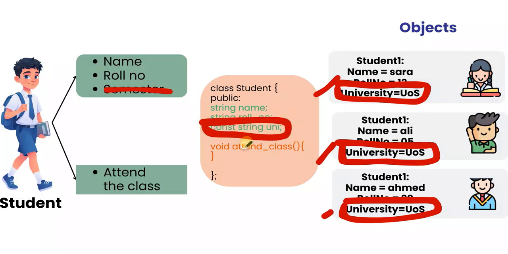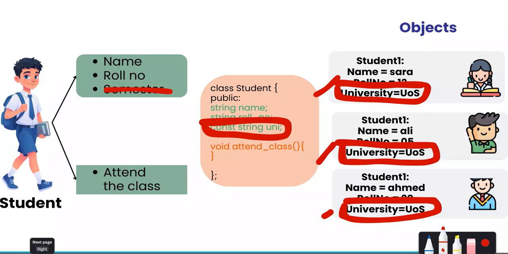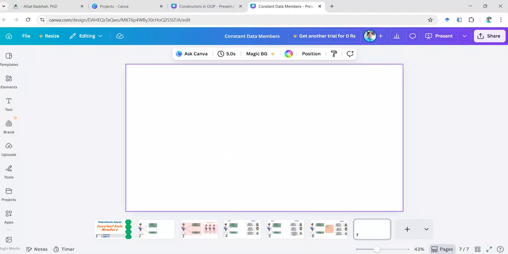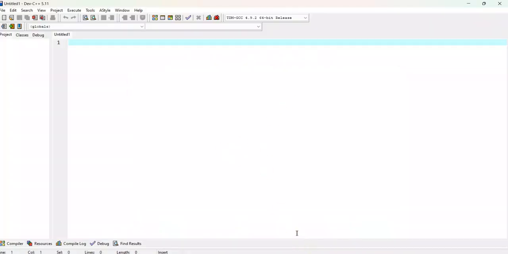When any data member is declared as a constant, then its value can't be changed later on, after it is initialized, when it is defined. So let's go toward the programming and check how it works and how we can deal with it.